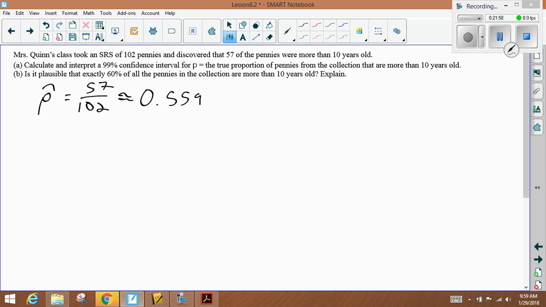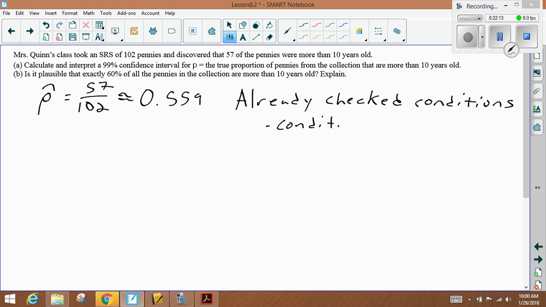We already checked conditions, and it's written down already there.